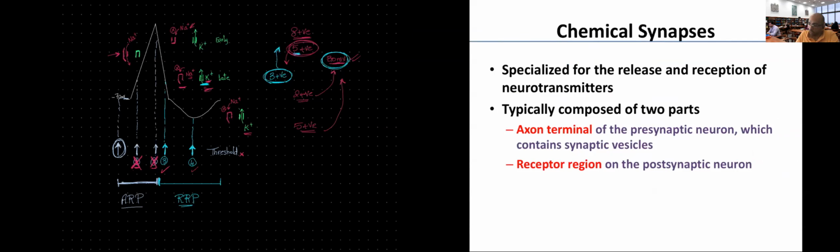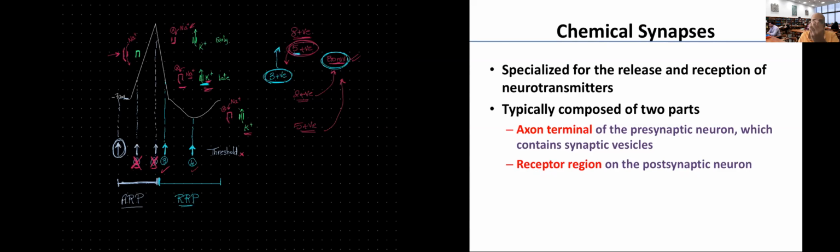Those synapses are going to be chemical synapses. What I mean by chemical synapse is the synapse in which the presynaptic neuron is going to be releasing a neurotransmitter from its axon terminals, and those neurotransmitters are going to be binding to the receptor region in the postsynaptic neuron.